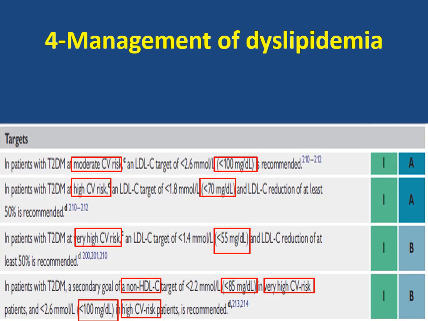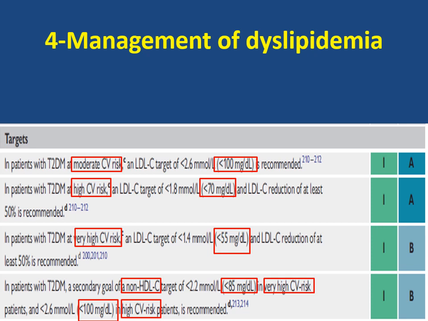The fourth point in prevention of cardiovascular disease in patients with diabetes is management of dyslipidemia. If the patient is classified as moderate cardiovascular risk, the target LDL is below 100 mg per deciliter.